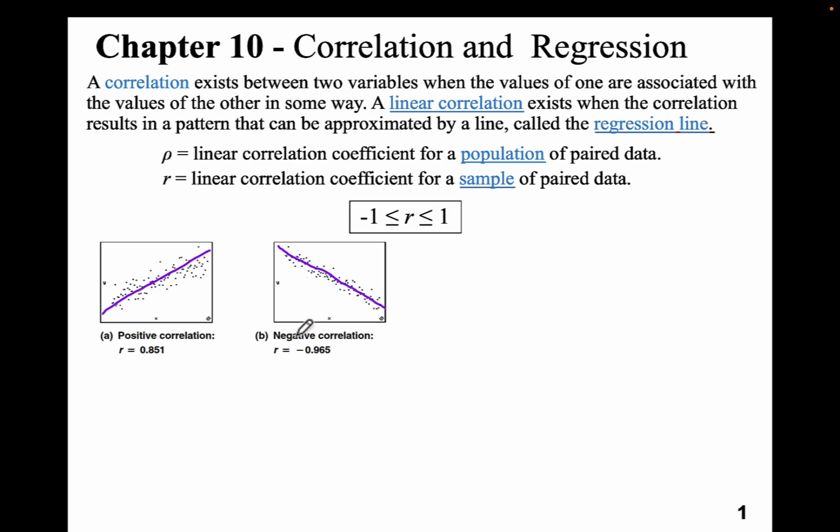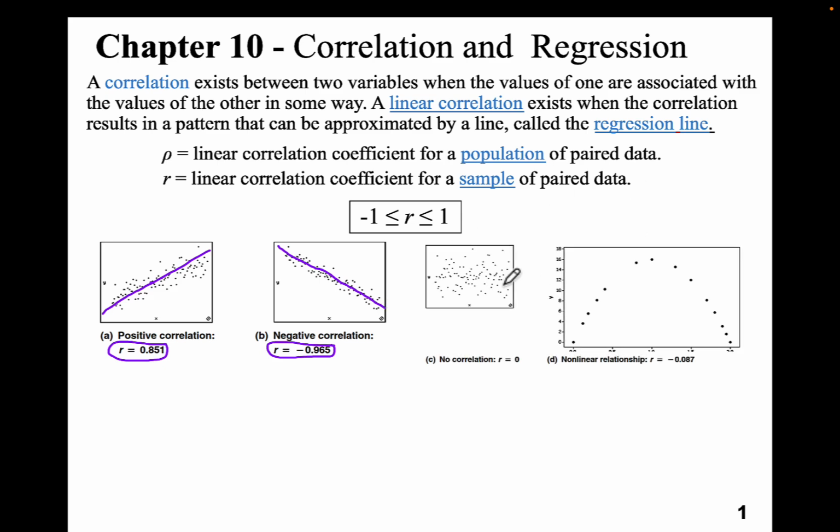So we call that a negative correlation. And look how strong this one is. R is equal to -0.965. Remember, the closer that this value right here is to 1 or -1, the stronger the correlation will be. And that is that this line can capture the behavior of the data values.